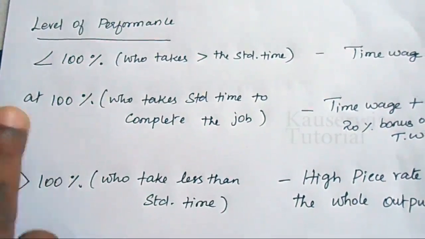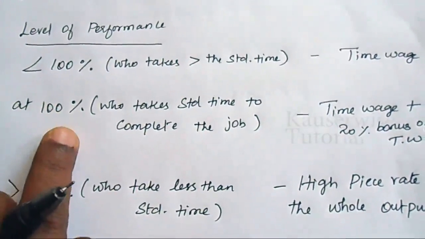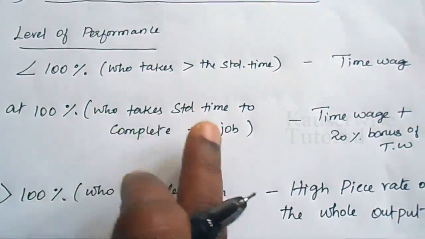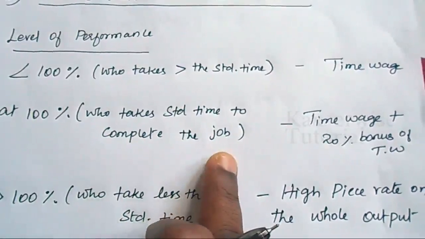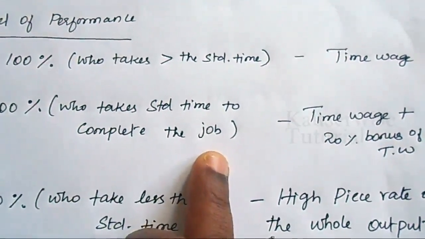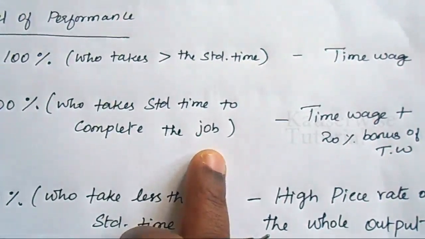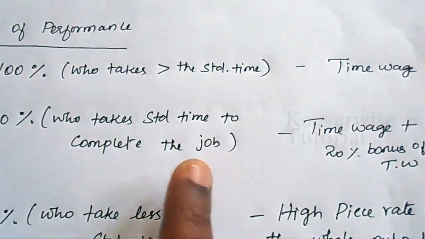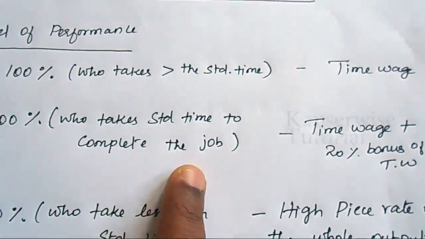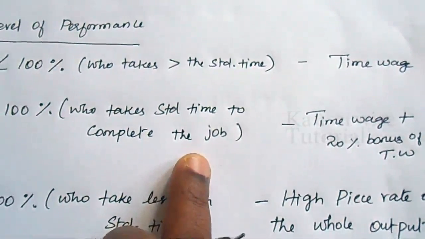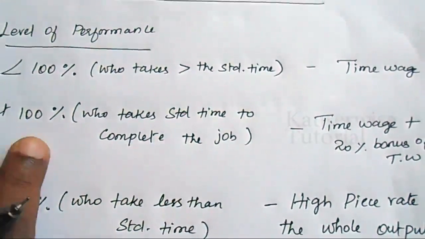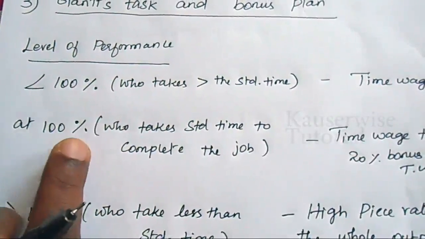And the second one is at 100%. At 100% means who takes the standard time to complete the task. For example, for every unit, the person can take 1 hour. So within 1 hour, they have to complete one unit or one task. If the employee produces one unit in 1 hour, he comes under this category, that is at 100%.